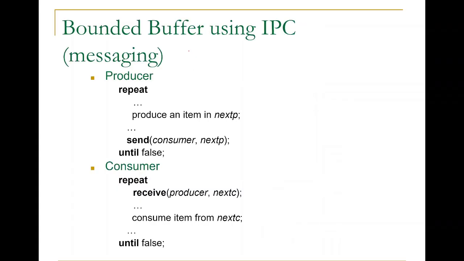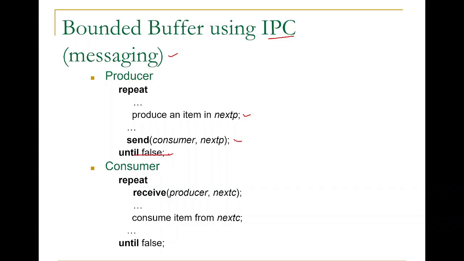So we'll move on. This is an example of pseudocode to handle the bounded buffer using interprocess communication, when we talk about messaging. The producer here says repeat: produce an item in next P, send consumer next P, until false.